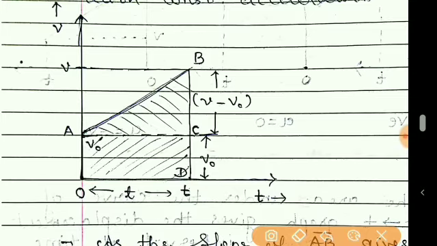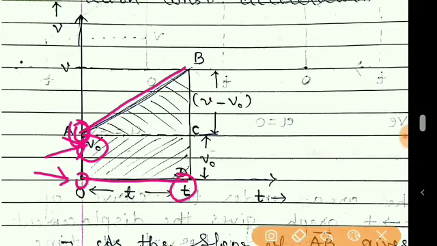Now let us start with this graph. Here you can see at time t equal to 0, the graph is starting from this point A and it is a straight line, means acceleration is constant. Now at time t equal to 0, the velocity will be the initial velocity, which is v naught, and at time t this point B represents the final velocity.